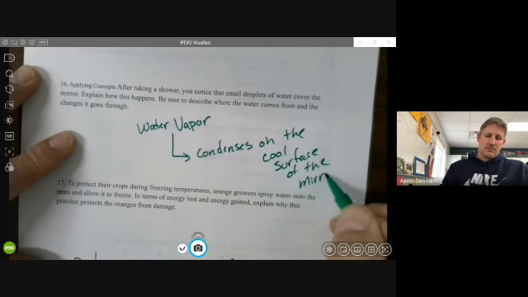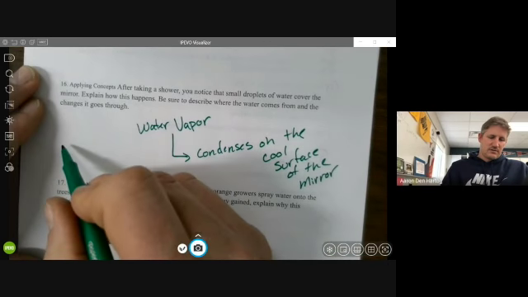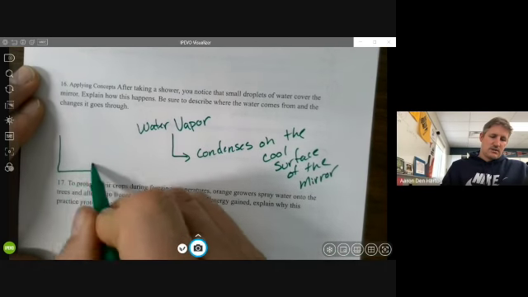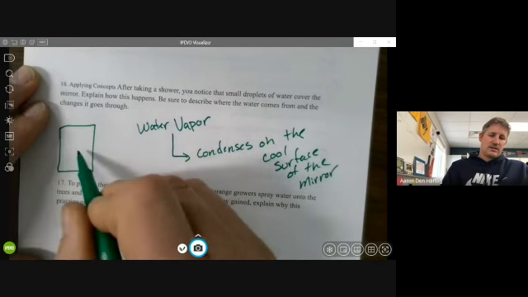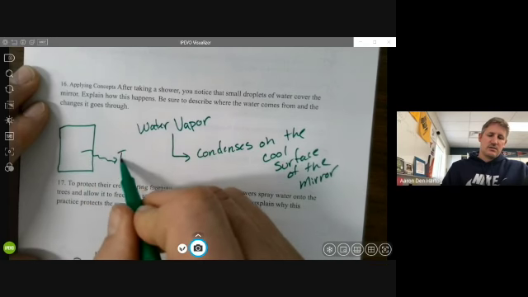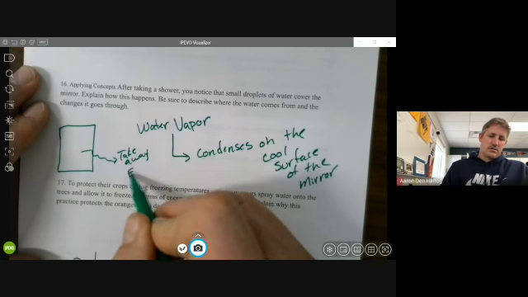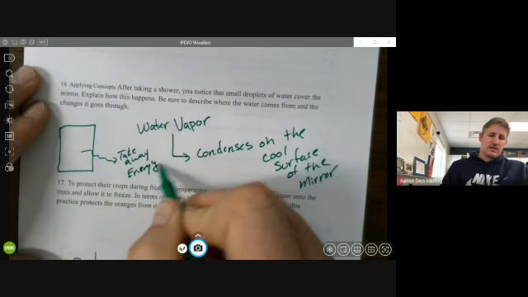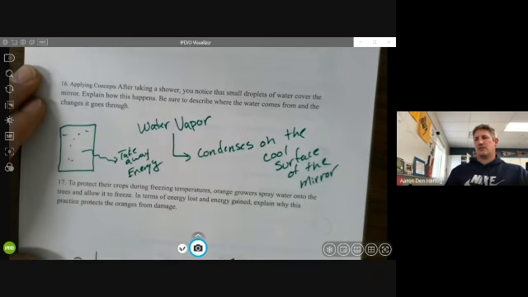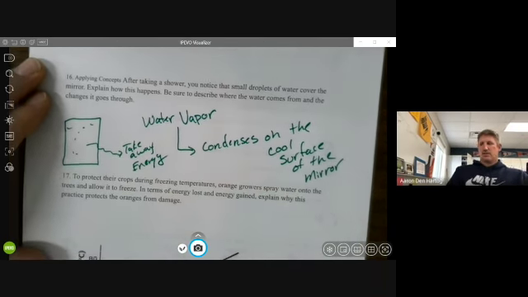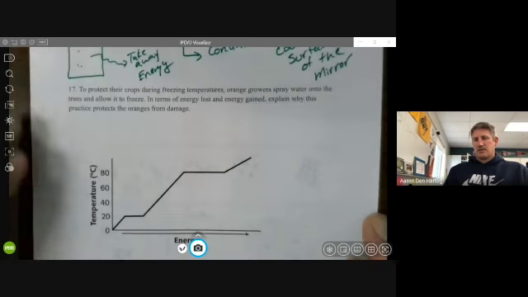Now remember, when it hits the mirror, it takes away energy, and that's why we get these drops on that window.